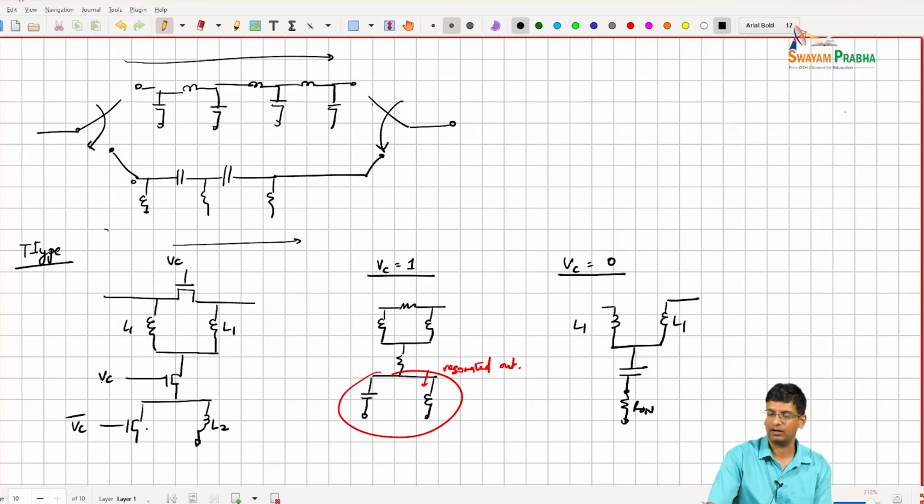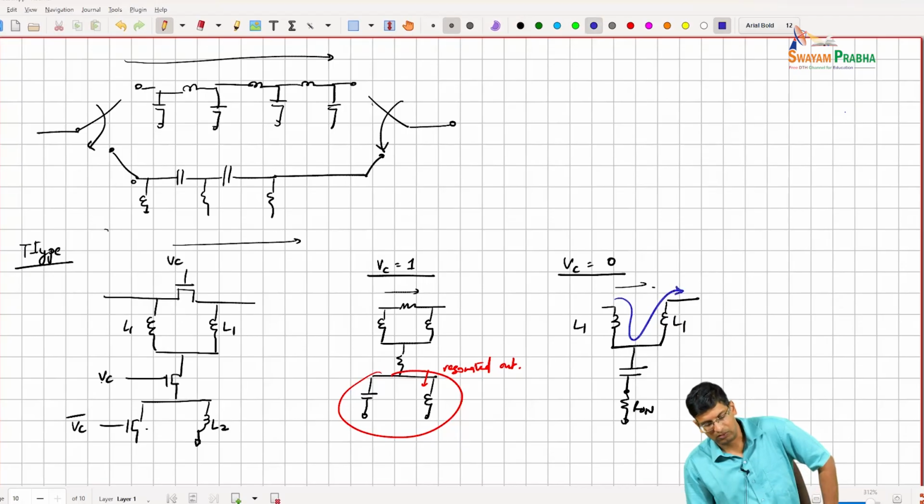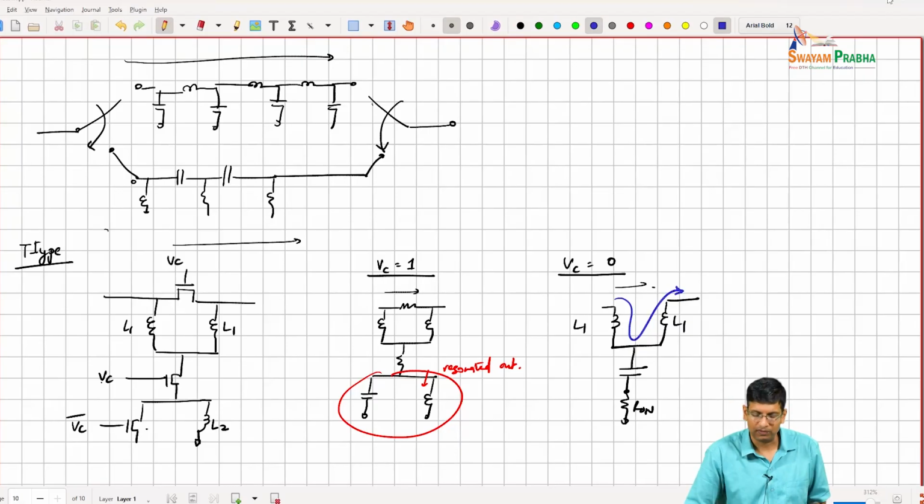So you have an LCL section here. So again, this one goes through, right, and this one goes through this extra delay, extra phase shift that is happening over in this path. So overall, this is the broad flavor of what is done.